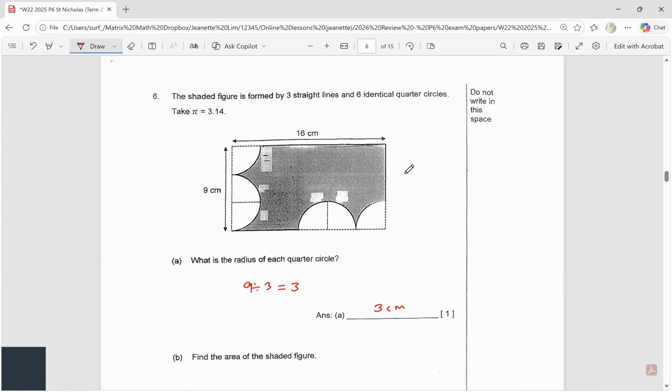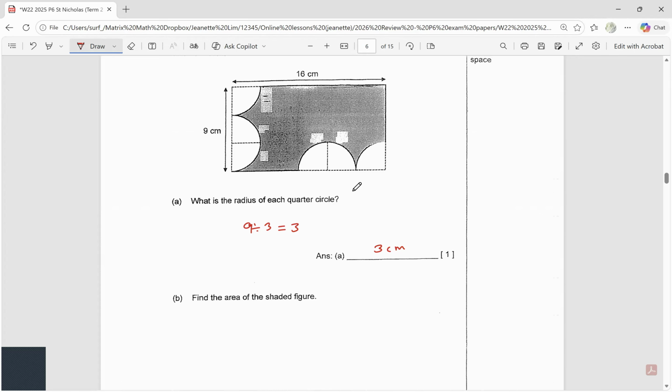Find the area of the shaded figure. Okay, so it's a big rectangle, minus away all the quadrants. What's the area of one quadrant? One quarter times pi, which they said to use 3.14, times radius times radius, 7.065.